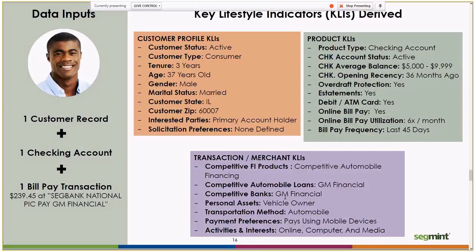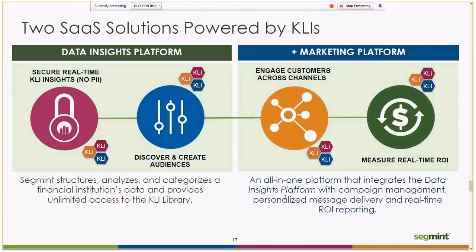So again, just to describe what we're doing here, we really boil this down into two platform offerings. The first platform is a data insights platform, and this is all data generated from the institution and consumed into our platform from the institution. A key point of interest here is we're able to produce these insights and this data about your members and supply it back to you without ingesting any PII data about your member.